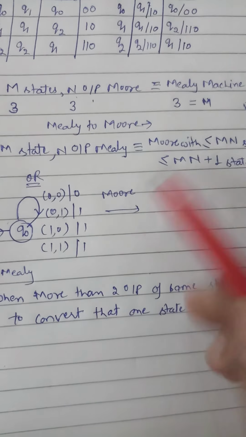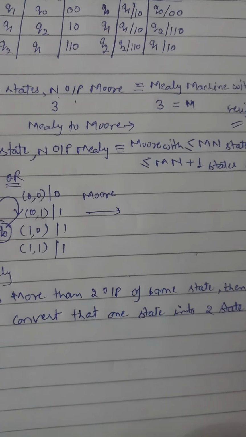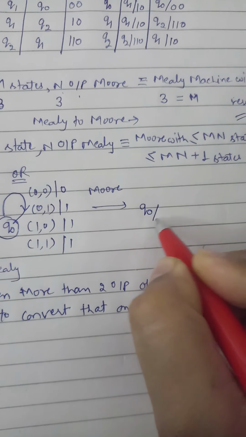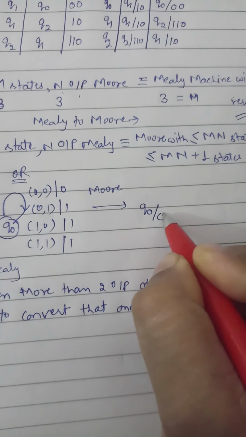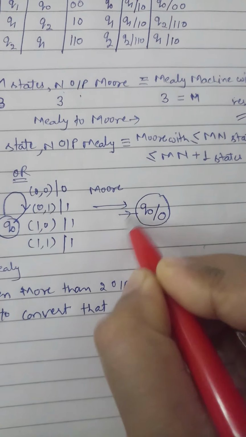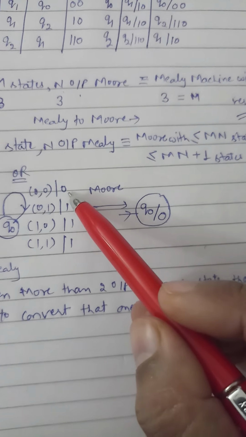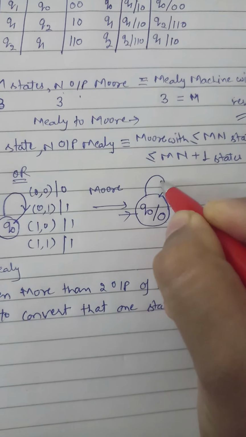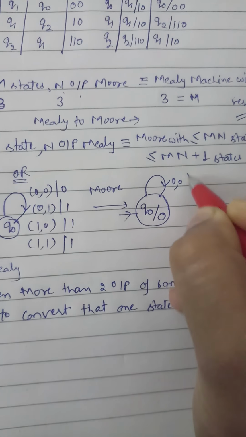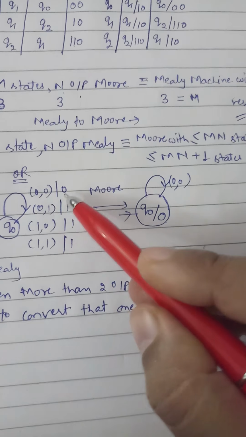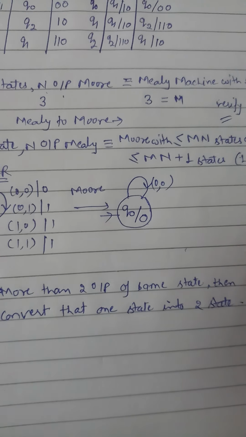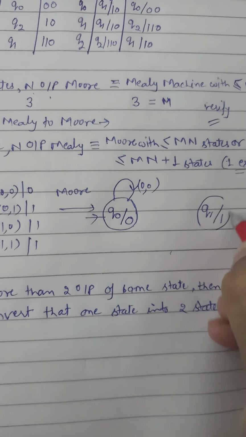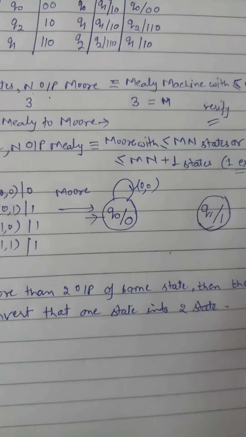This is the Mealy machine for the OR function. We are converting it into the Moore machine. So we start with Q0 with 0 output, because what output do we have? Either 0 or 1. So we start with Q0 with 0 output, and for 0 0 we have 0 output, and we move to the next state Q1 with 1 output.